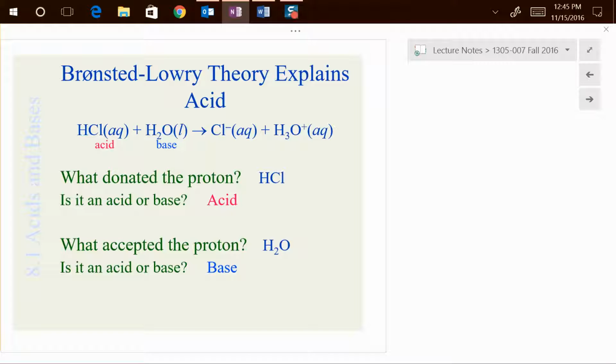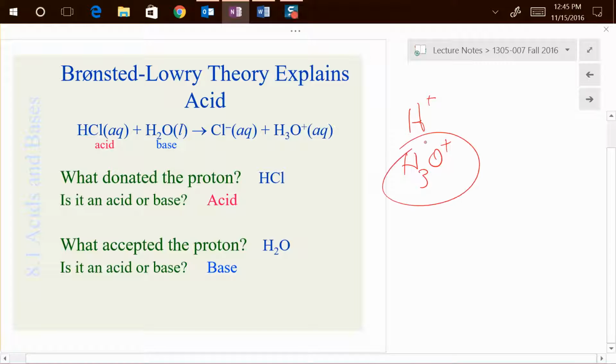Now, if you see H plus or H3O plus, those are synonymous. They mean the exact same thing. If you have free hydrogen ion in solution, it will be in this form, H3O plus, as the hydronium ion. So you will often see it written as H plus, and you will often see it written as H3O plus. It doesn't matter.